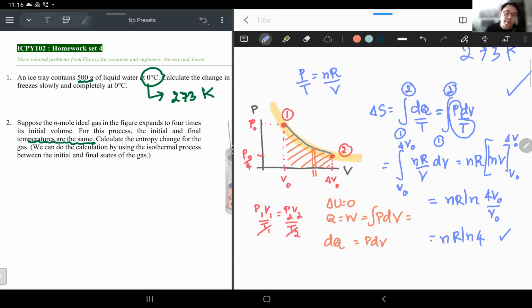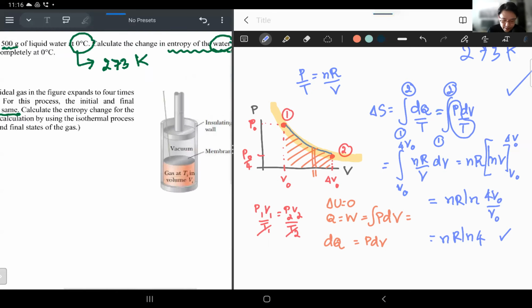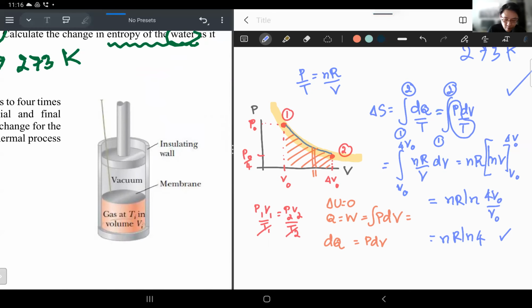Okay, so with this, what we did in class was we assumed that this expansion happens in a closed environment, with an insulating wall over here. So if everything is happening in an insulating wall, that means there's no heat exchange.